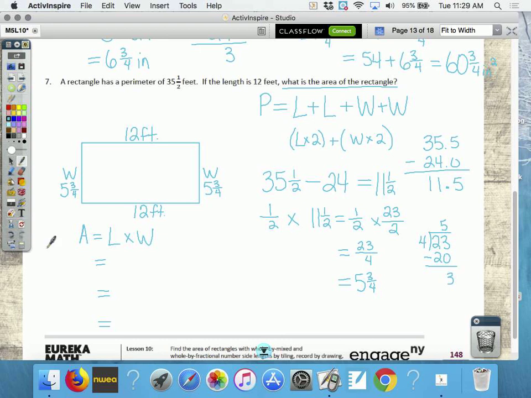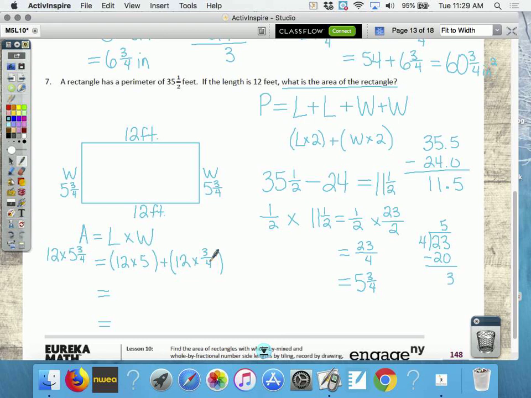So I'm going to do 12 times 5 and 3/4. You agree, kids? Okay, because that's my length times my width. Now, Lexi's saying, okay, you're going to split it apart into 2 multiplication problems. So it's going to be 12 times 5, right? And then 12 times, what's my fraction? So 12 times 3/4. Okay, write that down.